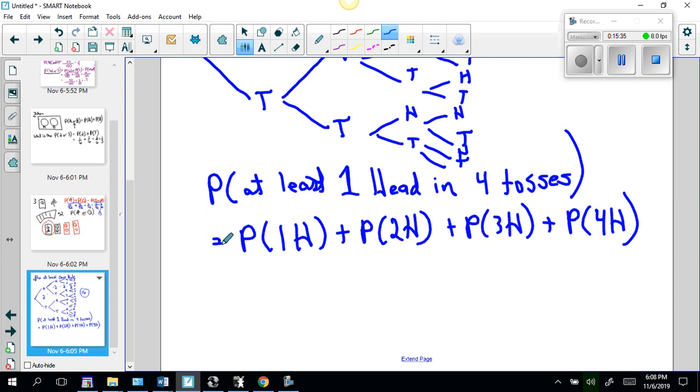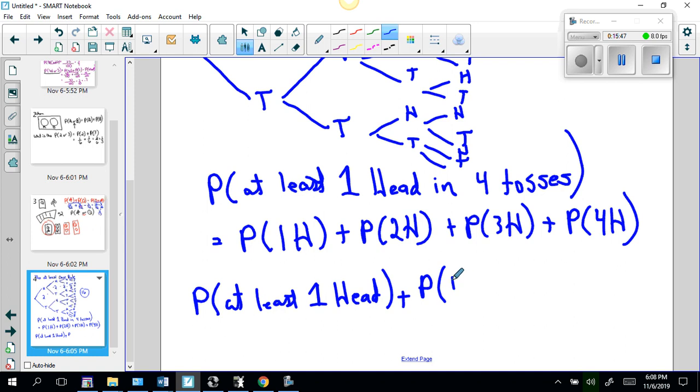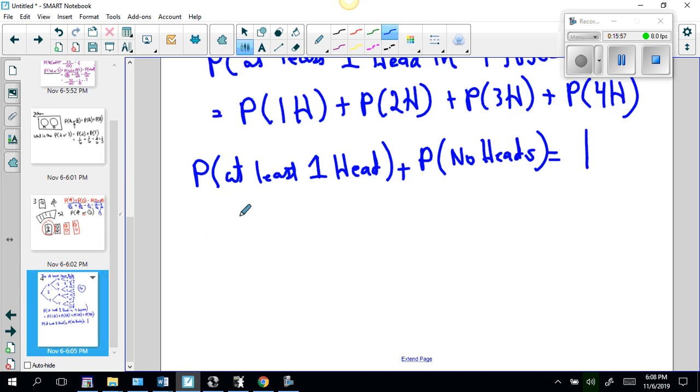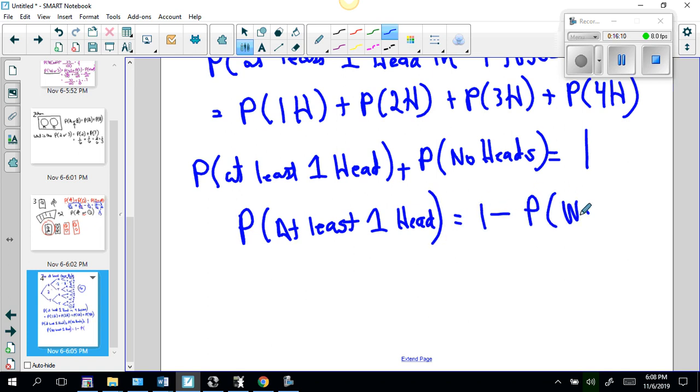So what the book says is the probability of at least one head plus the probability of no heads has to add to 1, because that's the only two things that can happen. So they're saying the probability of at least one head equals 1 minus the probability of no heads.